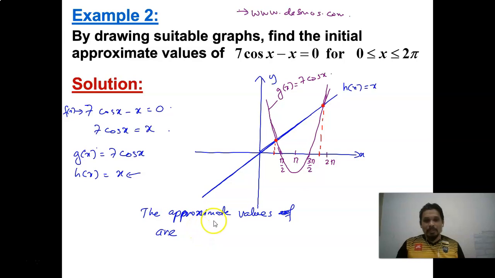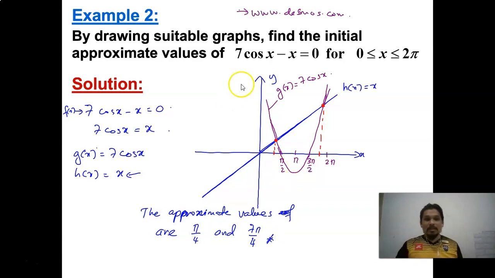You can just decide on your own. So for me it's pi over 4, and between 3 pi over 2 until 2 pi. Okay, so here is 7 pi over 4.